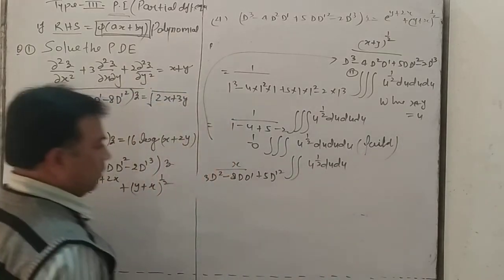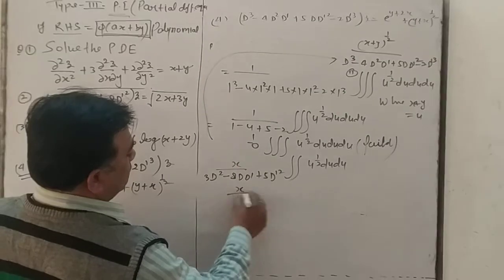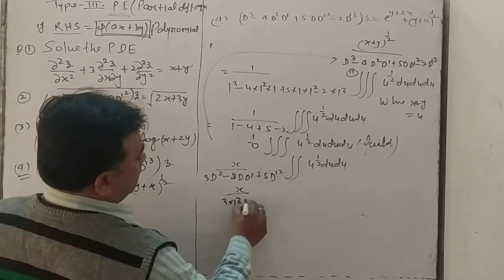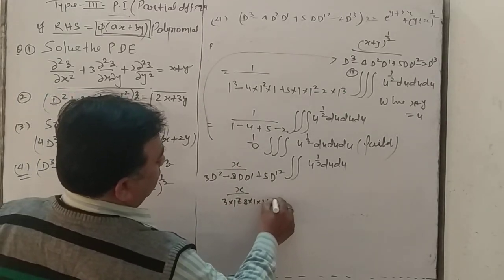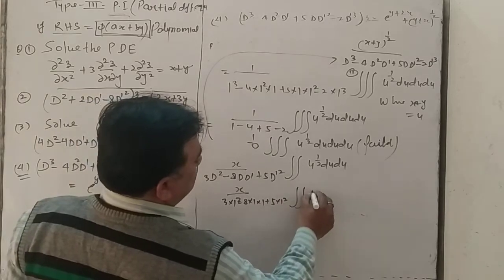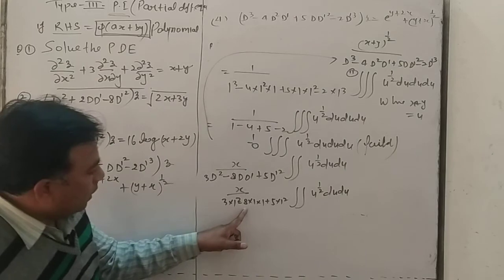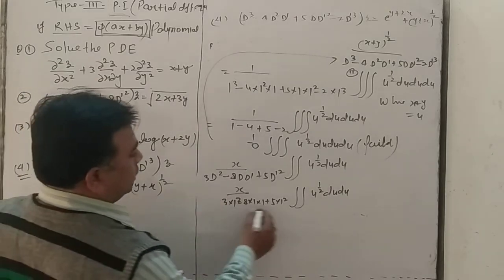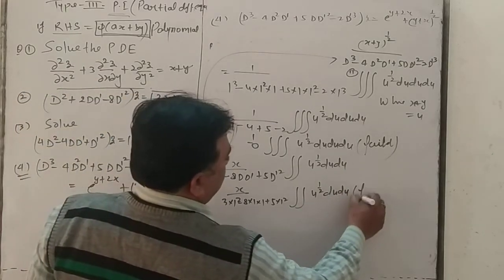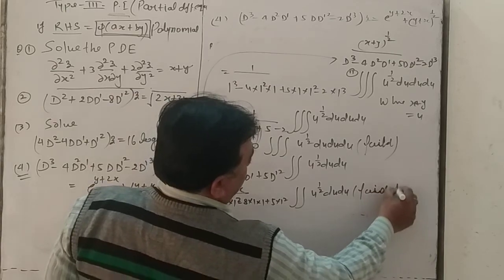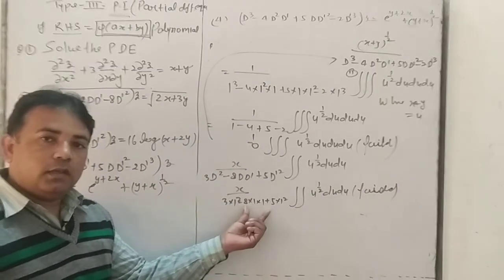Putting the value: 3 into 1 squared minus 8 into 1 into 1 plus 5 into 1 squared, double integration. Again 3 minus 8 plus 5 is 0, so it fails. Again the denominator is 0.